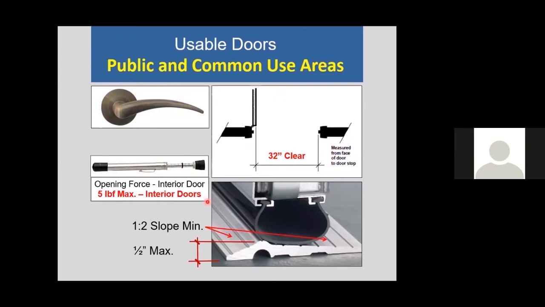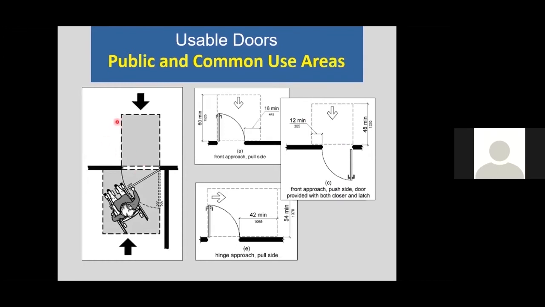Wind resistance. I'm here in Michigan. I'm in Michigan too, by the way. We can be looking at ice buildup, and then again, fire doors. We're looking at threshold limitations on accessible doors, maneuvering clearance on both sides. The ANSI standard will give you exactly what these sizes are for door maneuvering clearance, and depending on which way you approach the door.